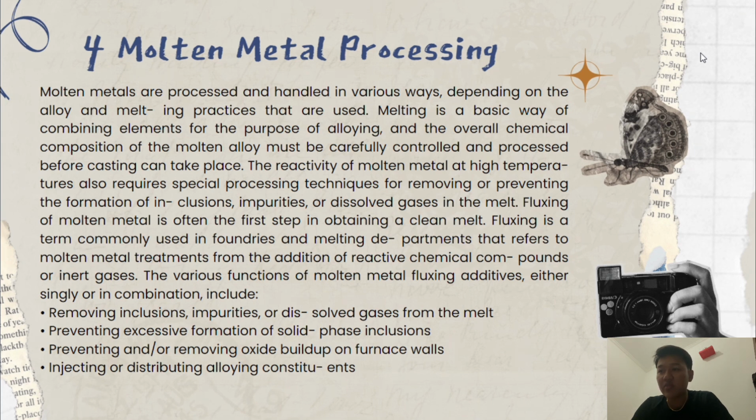Fluxing is a term commonly used in steelmaking and foundry practice that refers to cleaning molten metals through the addition of a chemical compound or a gas. The various functions of fluxing, acting alone or in combination, include: 1.